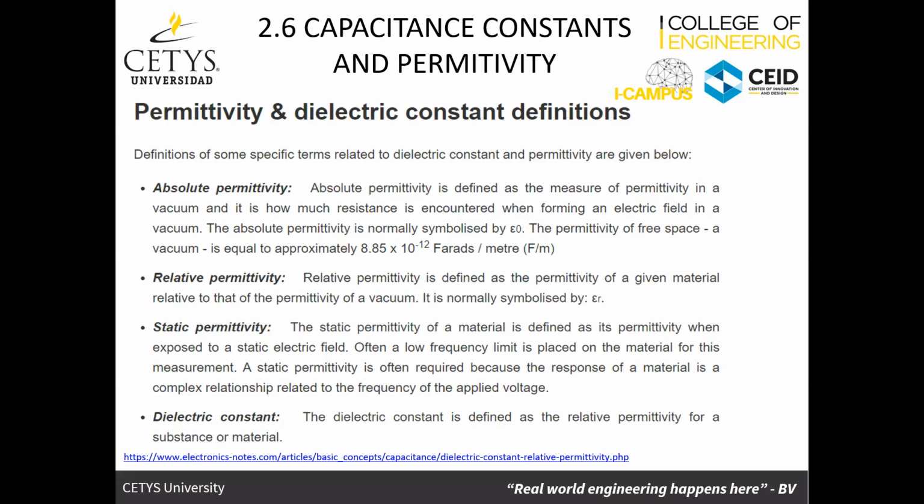The observation in the previous slide is that we usually use permittivity and dielectric constant interchangeably. But really, relative permittivity and dielectric constant are the same. Absolute permittivity is the value for the material. The concepts are interchangeable.